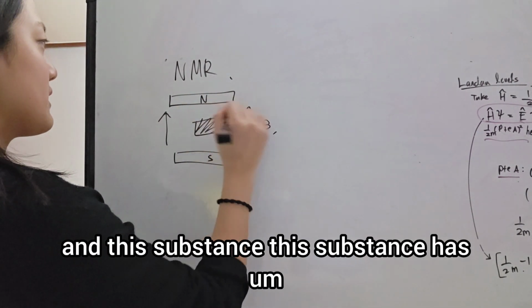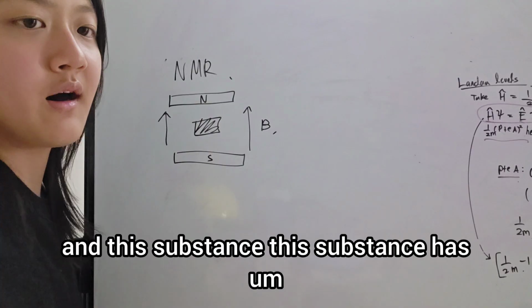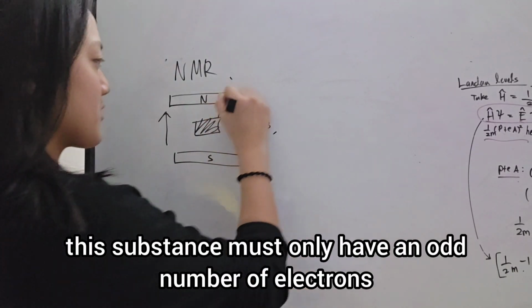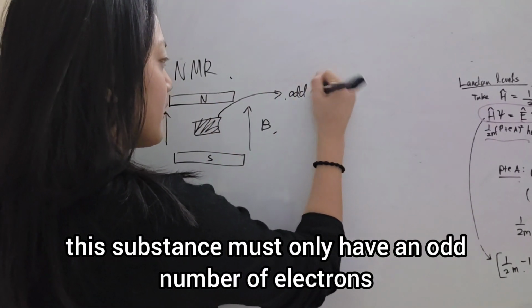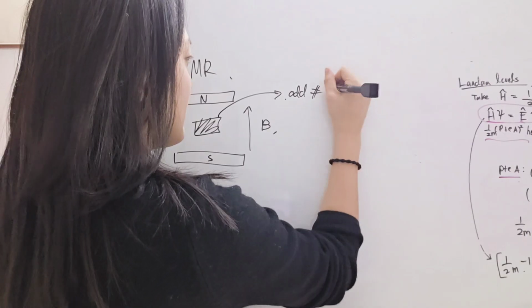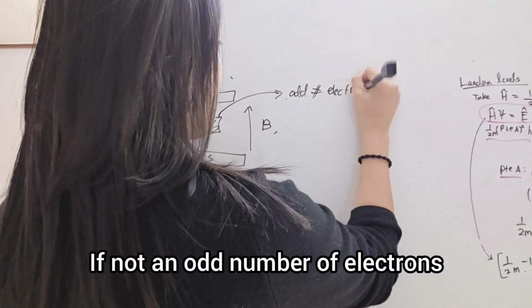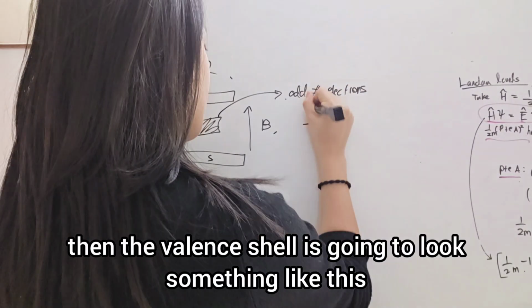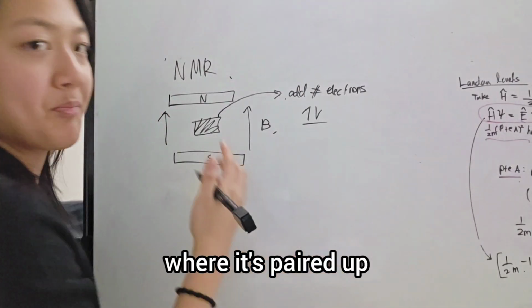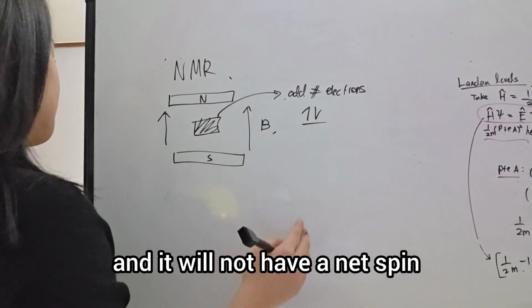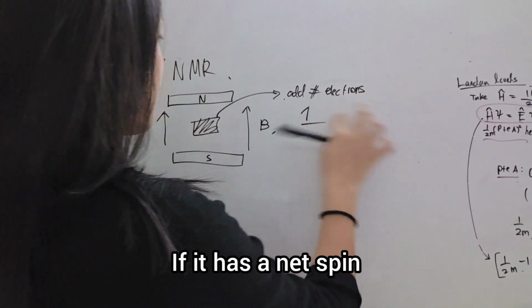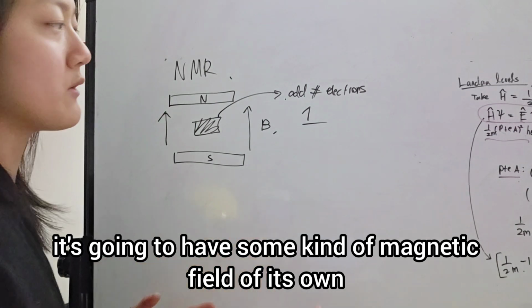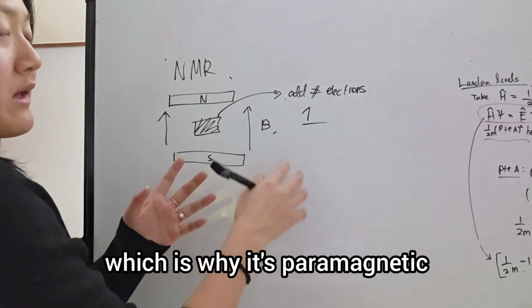This substance must have an odd number of electrons, and this is because if not an odd number of electrons, then the valence shell is going to look something like this, where it's paired up, and it will not have a net spin. If it has a net spin, it's going to have some kind of magnetic field of its own, which is why it's paramagnetic.